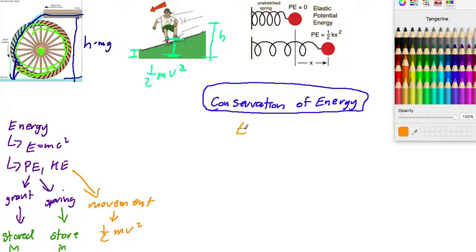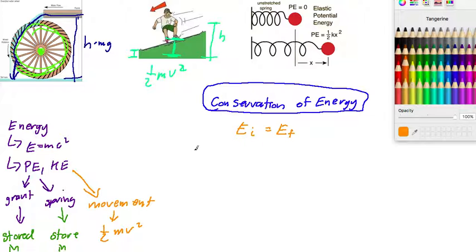It just states that energy initial is equal to energy final, that no energy is lost. It can be transformed from any of these forms into one another, or lost as heat, but not really lost, just transformed into heat, but no new energy can be created. Of course, unless you introduce a different force, but then you're introducing energy at the same time, because they're related. It's the work energy theorem, which we'll talk about in another video.